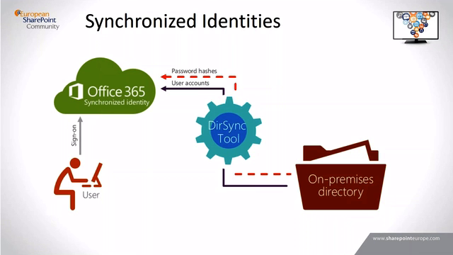Once the information is read, this tool is going to encrypt or convert the information into a hash, using a hashing algorithm from Microsoft that is built into the tool. You don't have to do anything special to enable the hashing. And once this is done, that hash will be synchronized to the Azure Active Directory. This tool is not going to synchronize a password directly. It's actually going to synchronize the password hash with 365 or the Azure Active Directory.